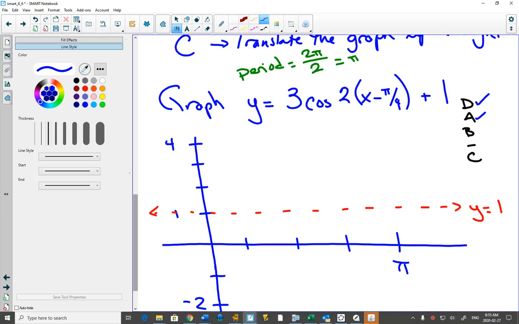What's half of pi? Pi over 2. What's half of pi over 2? Pi over 4. What's the third one going to be? 1 pi over 4, 2 pi over 4, 3 pi over 4. The b part is done.